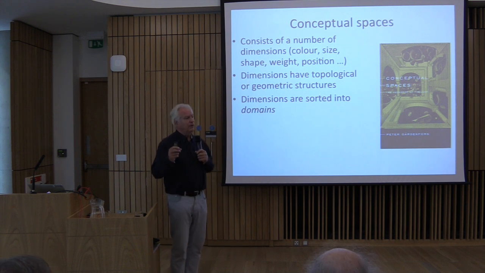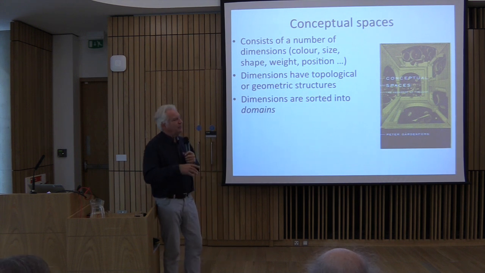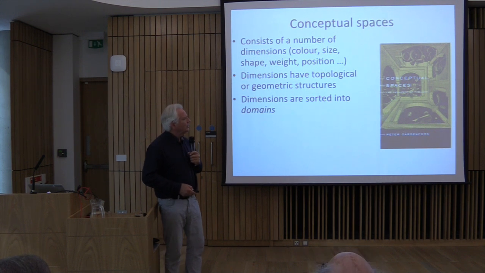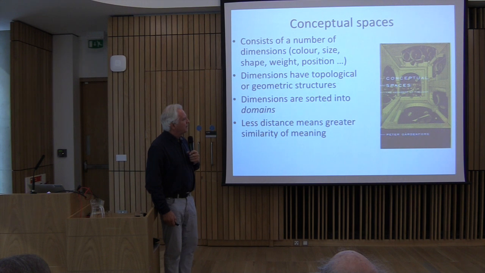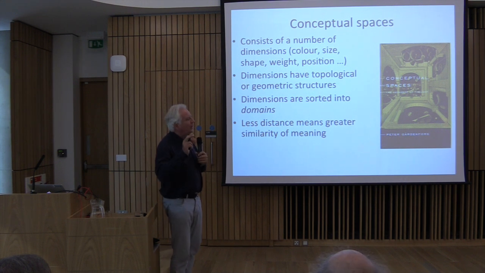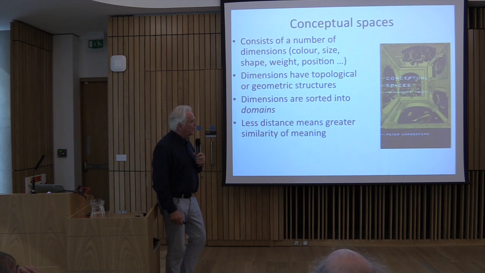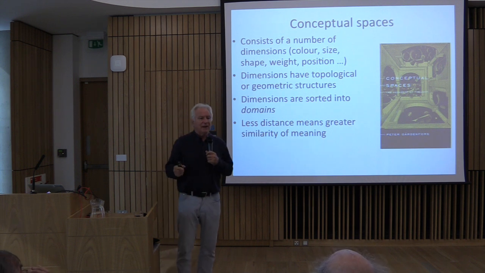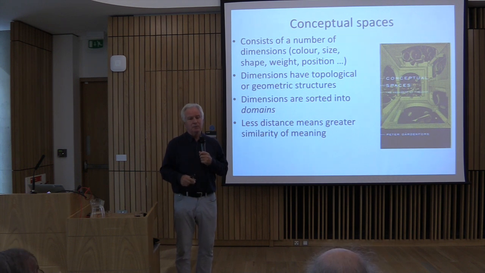And the domains are independent in a particular sense that I don't want to develop now. We can talk about it if you like. Take it for granted that they are sorted into groups, and I call these groups the domains. And I'll get back to domains quite a lot later. And of course, in a space like that, less distance means more similar.